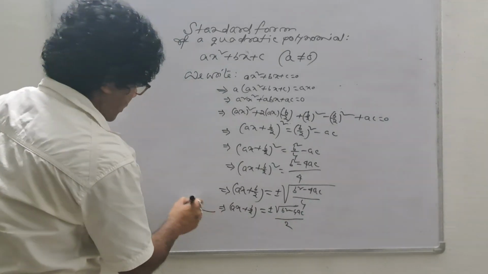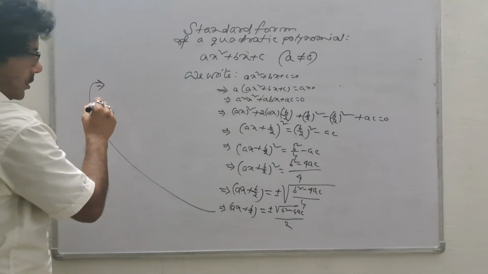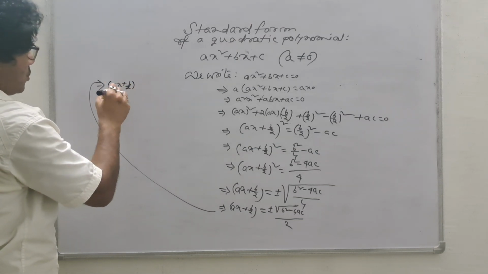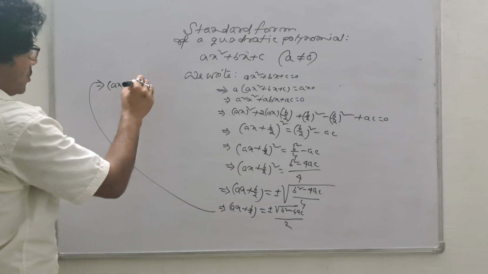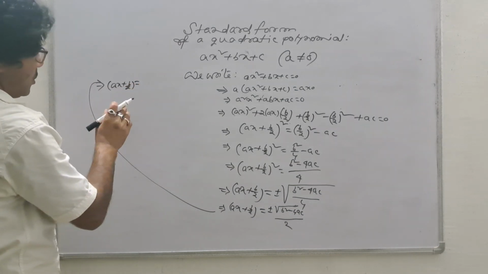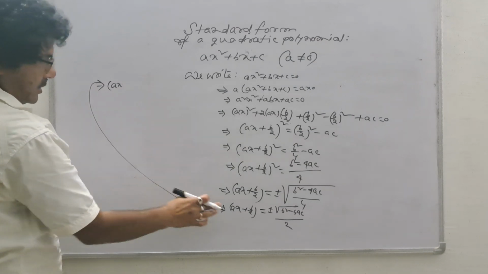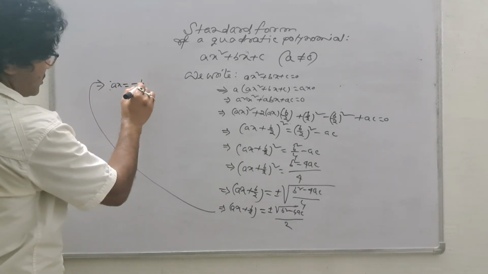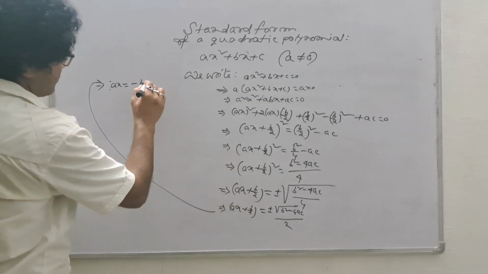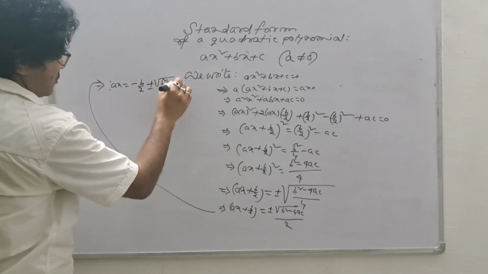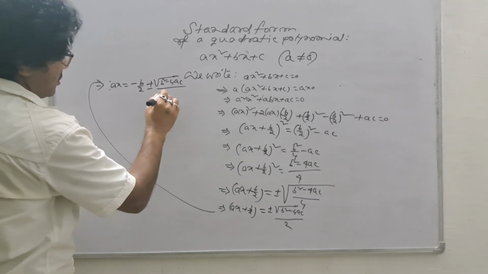Okay, now I am coming here. ax plus b by 2 is equal to, this you take to this side. This plus b by 2 take to this side, so it will become minus b by 2 plus minus root of b square minus 4ac divided by 2.